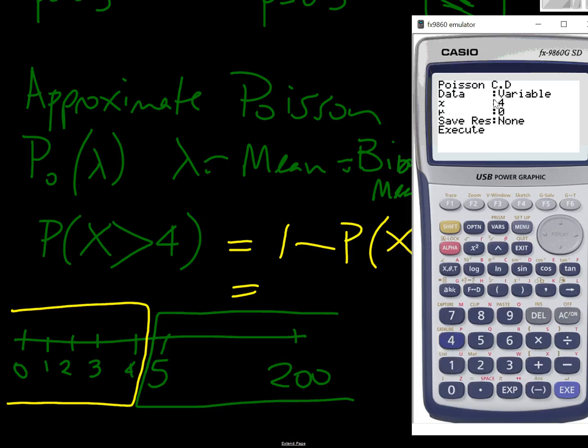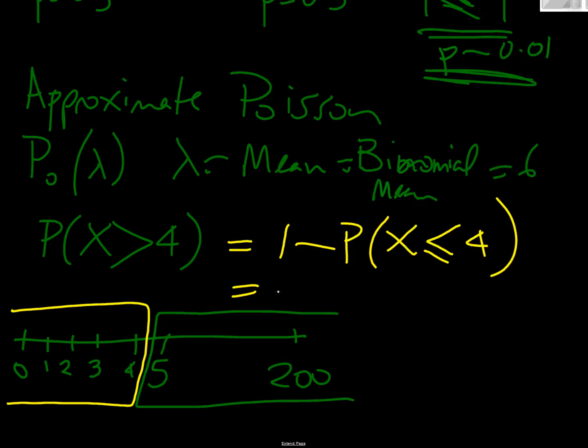That's the critical value we're interested in. And what's our mean in this case? Well, we've calculated that to be 6. So there's our probability. Press the execute button, and we can see it's 0.285. So that's 1 minus 0.285, which equals 0.715.